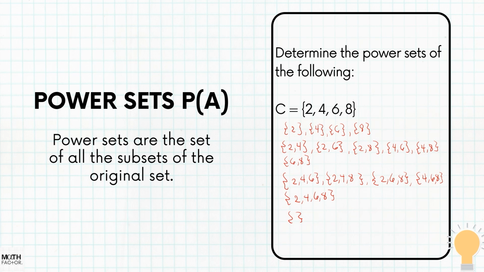So since we are using set C, our power set will have P of C followed by all of the listed subsets.